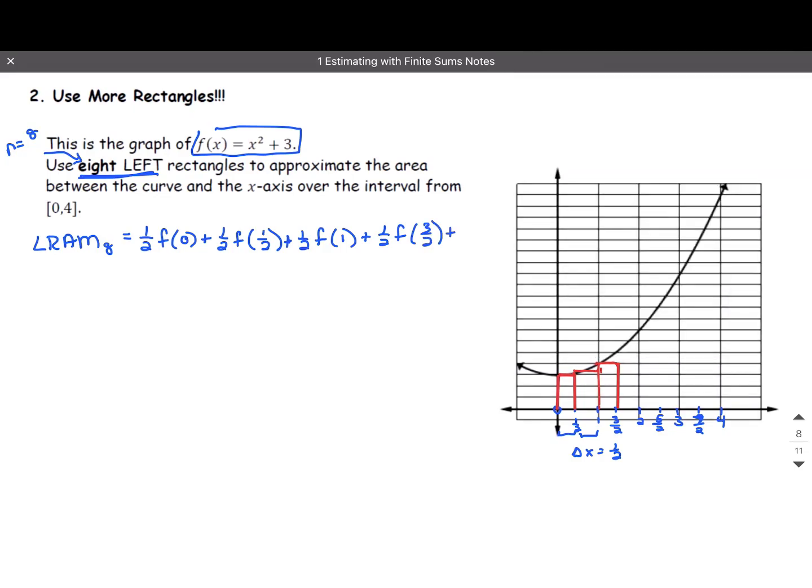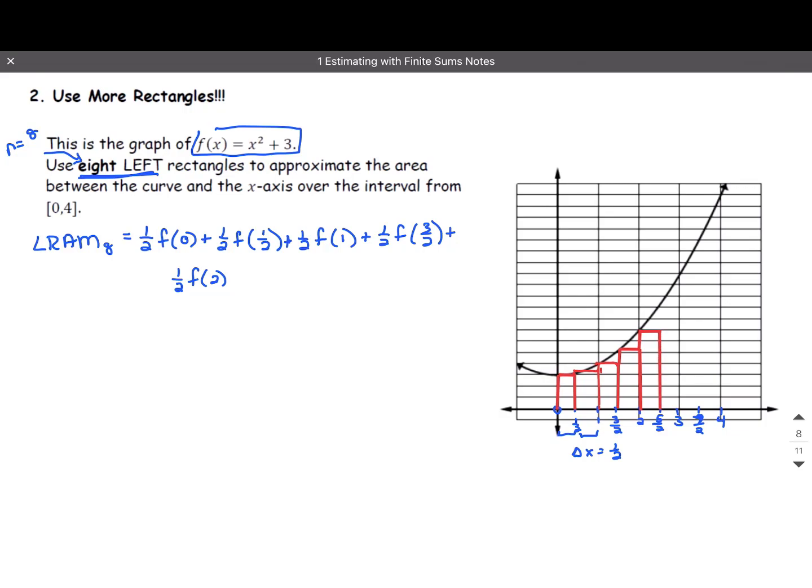So we are going to use the height at 3 halves, and then we're going to come across to the end of the subinterval and come down. Now we have an interval from 2 to 5 halves. Again, that's a change of 1 half, but 2 is on the left, so we're going to use the height at 2. We're going to go up, then we're going to come over, then we're going to come down.